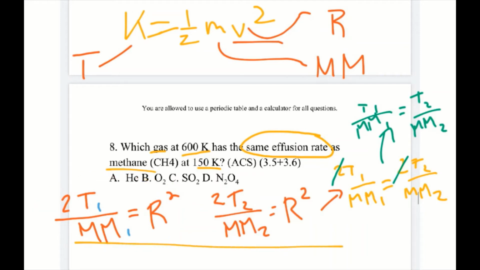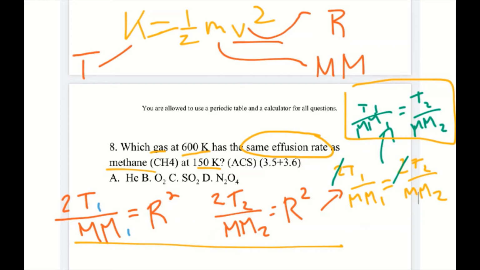Then I labeled each one as T1 and T2 in order to set up two different situations. I combined them over here, and last but not least, I simplified them and I got this relationship: T1 over MM1 is equal to T2 over MM2. So now that we have this equation, we can start solving.